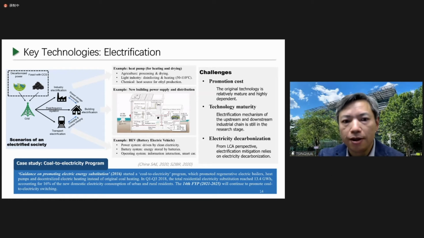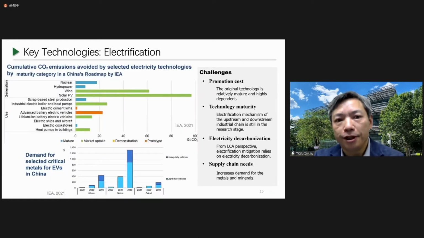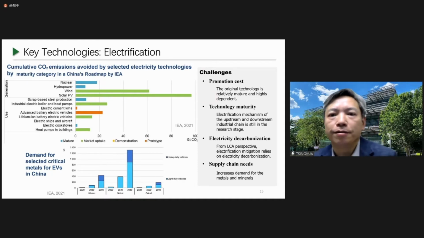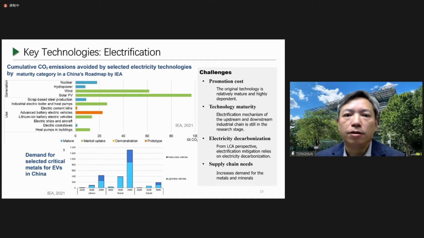So there are, of course, challenges in promotion of electrification, many with regard to technology readiness. And here, some details, a spectrum to look at the different technology maturities. In general, low-carbon electricity end-use technologies are less mature than those in power generation.